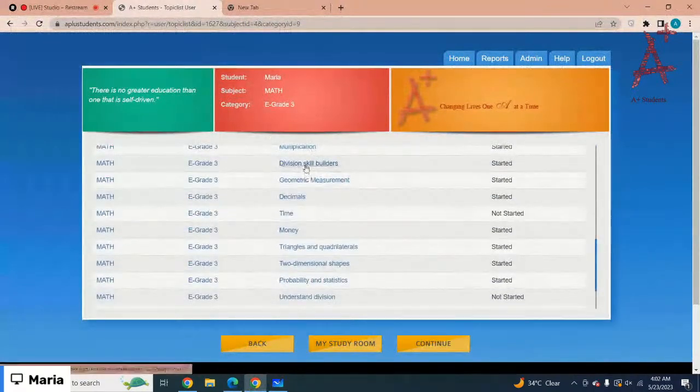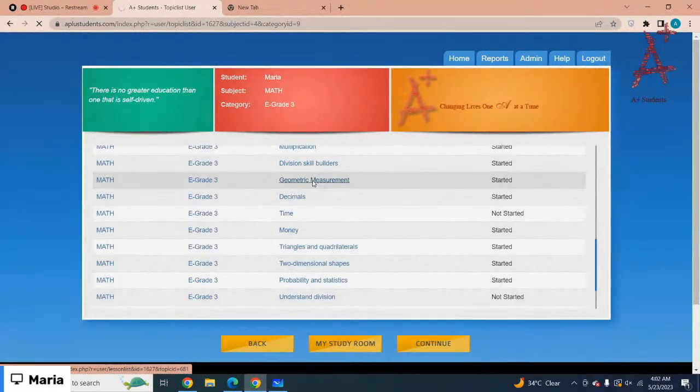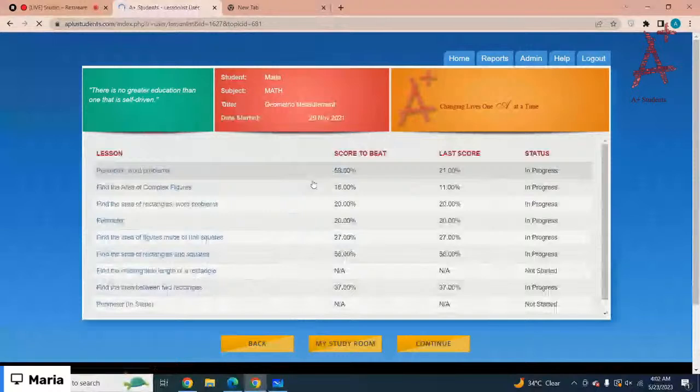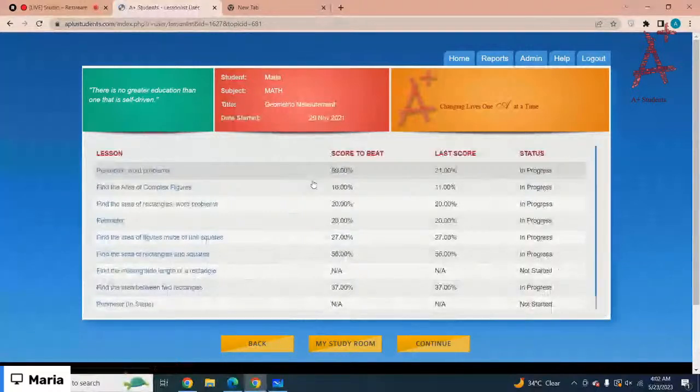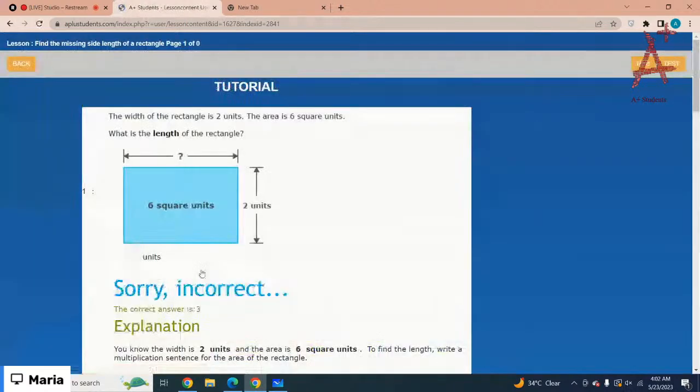Okay, here is the lesson, chapter geometric measurement. Let's just start with the lesson. Find the missing side length of a rectangle.